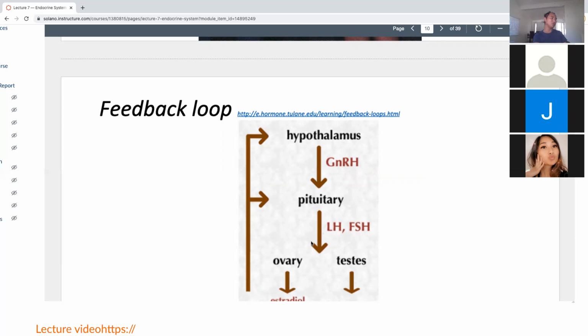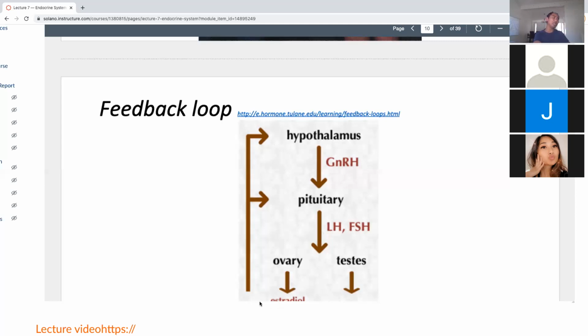They will go to the ovary and testes. Ovary will secrete estrogen, testes will secrete testosterone. Once we have enough testosterone or estrogen in our body, it will come back to the hypothalamus and ask them to stop producing GnRH or LH and FSH. That is the negative feedback.